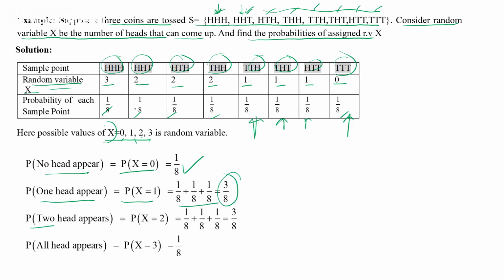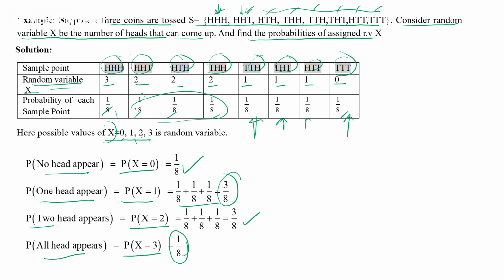Similarly, if we say 2 heads appear, that is the random variable x is equal to 2, we have 3 cases, we add all 3, so we get 3 by 8. And if we say all heads appear, or 3 heads appear, that is the random variable x is equal to 3, we have one case, that is 1 by 8.